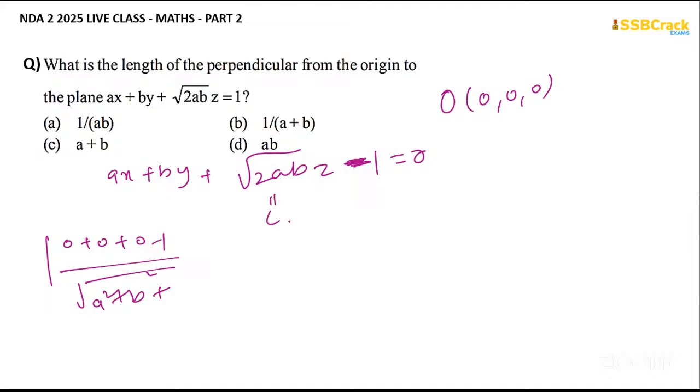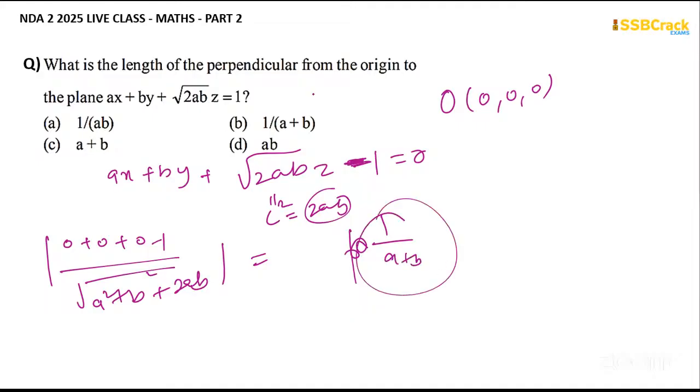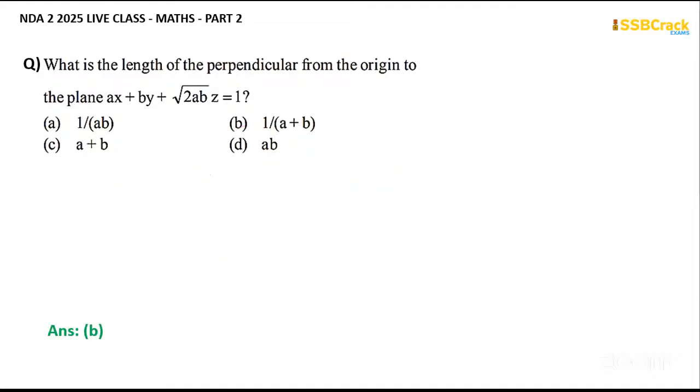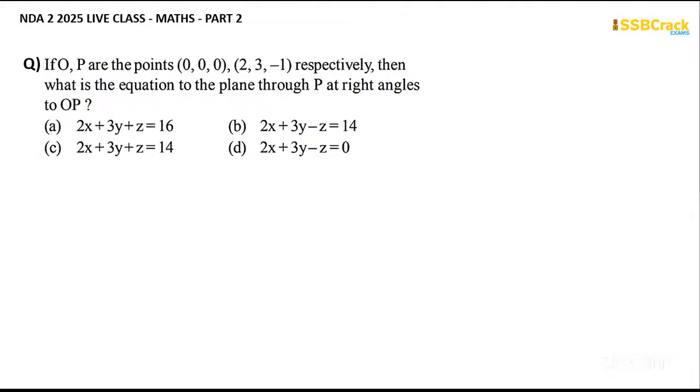Okay, so c square is nothing but 2ab. It is 1 upon under root, we have taken the modulus, a plus, which is option number. Okay, now let's move to the next question.